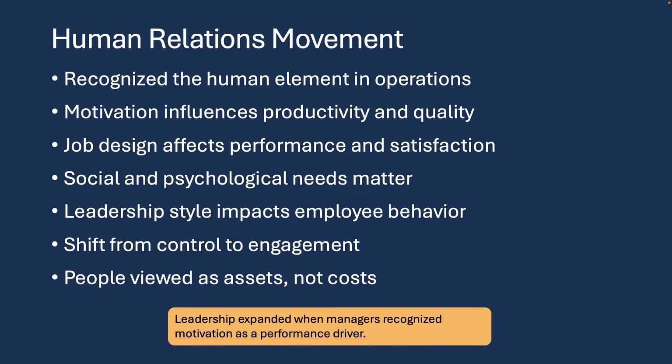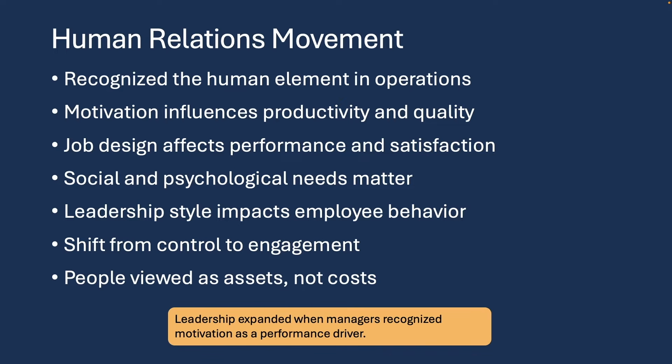The human relations movement emerged as a response to the limitations of scientific management. Researchers began to recognize that productivity is influenced not only by systems and incentives, but by human motivation, relationships, and job satisfaction.